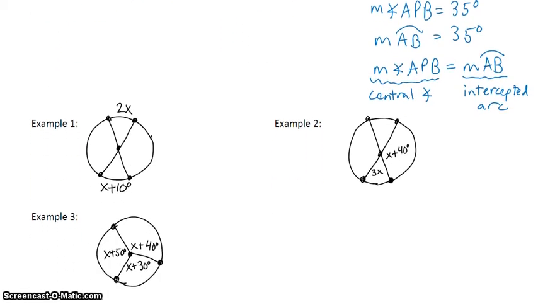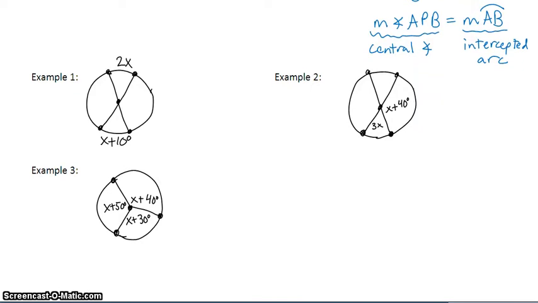Let's look at a couple of examples. In example 1, we have two central angles. This first central angle has an intercepted arc that measures 2x. Our second central angle has an intercepted arc that measures x plus 10 degrees. If you look at these two central angles, they're vertical angles, which means that they're congruent. And if the central angles are congruent, then the intercepted arcs have to be equal.